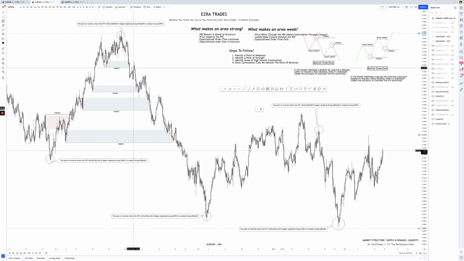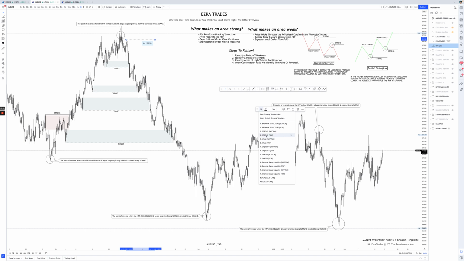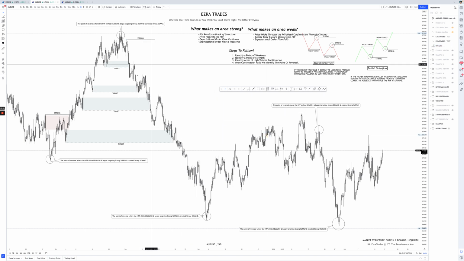So we could say, for example, well, one would be this. So this area is where we get a pullback that breaks structure to the downside. That's the extreme. Now remember, we're just writing the extremes. So strong top there. Then what do we have? We pull back after this area here, right? Maybe even this one you could say, potentially. This one breaks structure to the downside, takes out this one.